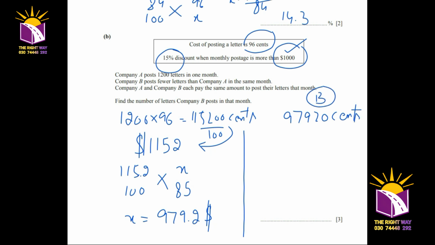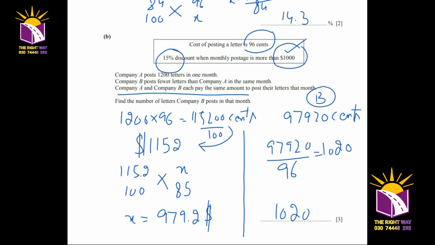Company A and company B pay the same amount. Now how many letters do they post in this month? 97920 divided by 96, because one letter is 96 cents and in total they have paid 97920. So divided by 96 will be equal to 1020. They have posted 1020 letters this month.